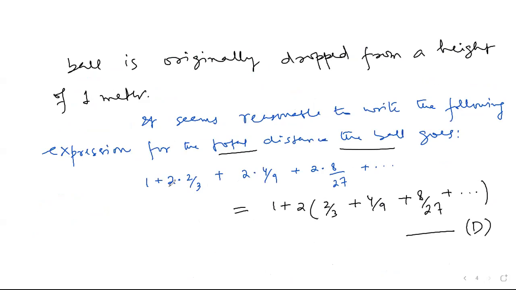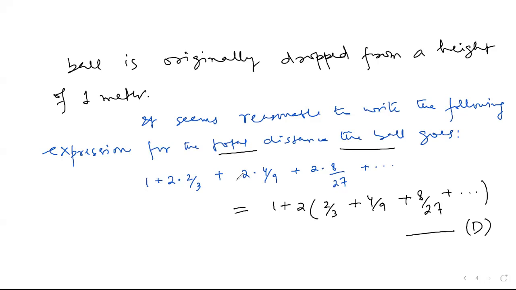It is 1, then in each entry 2 is multiplied, because it falls and rises. Those distances 2 by 3, 4 by 9, 8 by 27, it falls as well as rises. In the first term, it only falls through 1 meter.